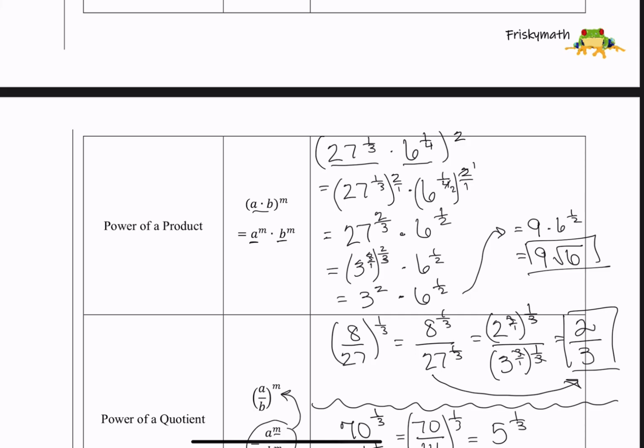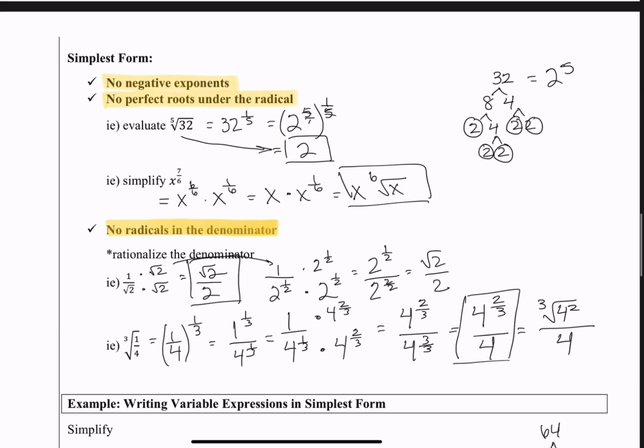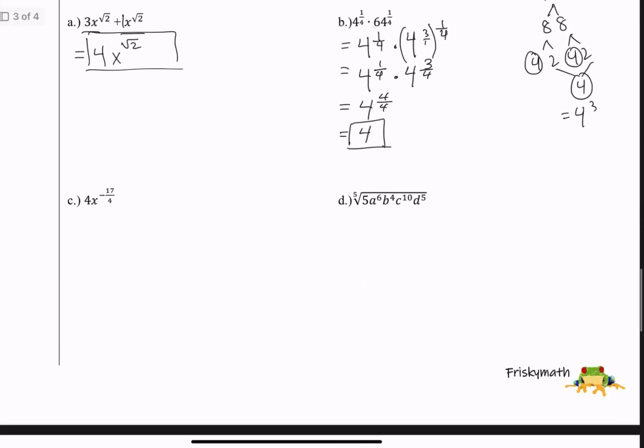To go backwards. Right now I'm here, and I can go back to that. All right, so what I mean by that is I could basically say, hey, this is 4 times 64, all raised to the 1/4 power.